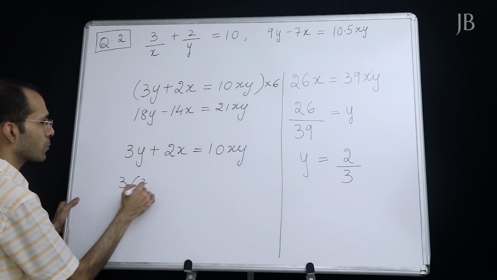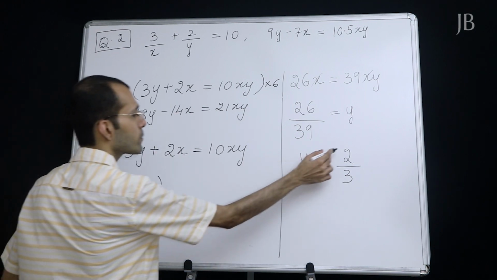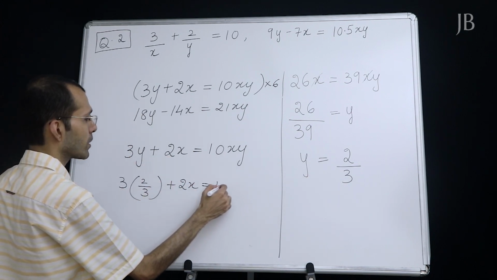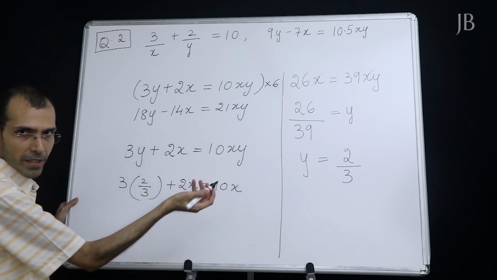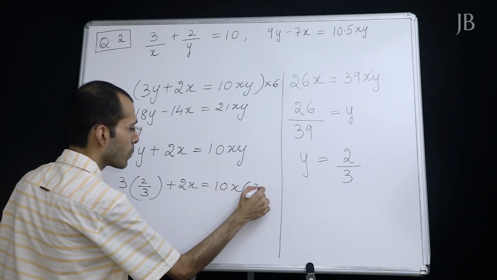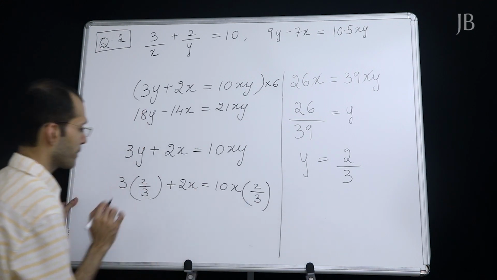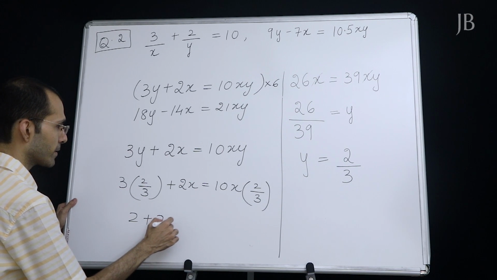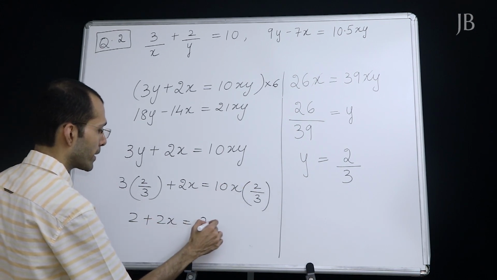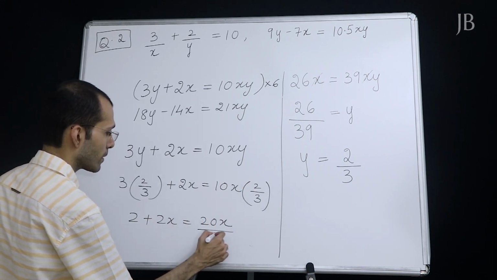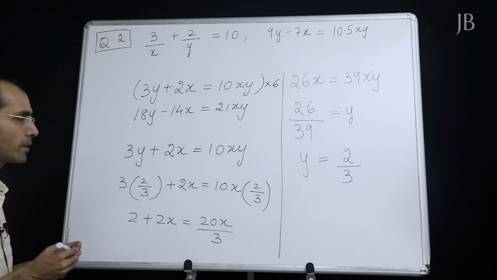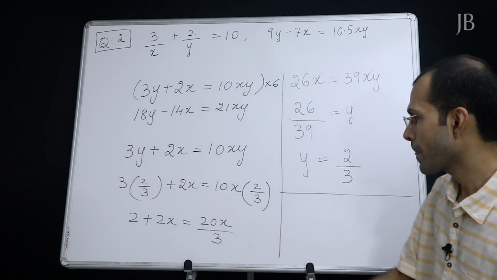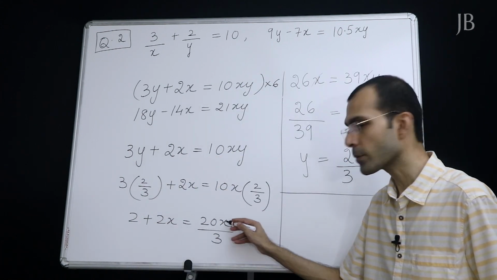So 3 into 2 by 3, because y is 2 by 3, which I am substituting here, plus 2x is equaling 10 into x into y. So this gets cancelled nicely. 2 plus 2x is equaling 20x upon 3. We'll take it here. 2 plus 2x is 20x upon 3.